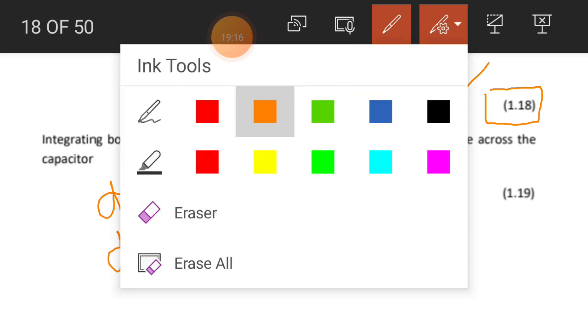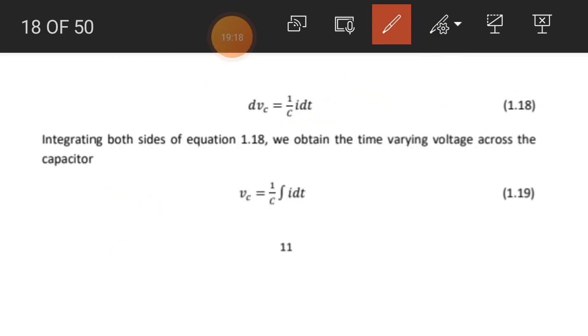What I do, I consider a line over here, and the total length of the line is L. L represents the total length of this line.